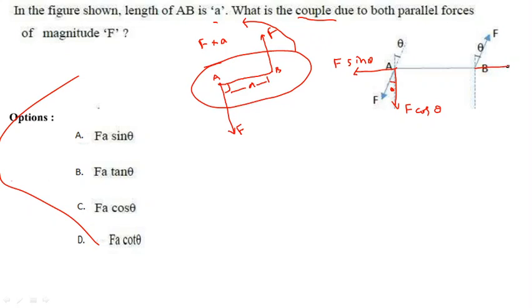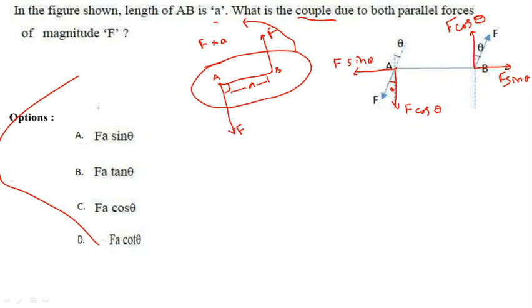Similarly, resolve the force at point B. Here is the horizontal component of the force at point B, and this is the vertical component. Again this F is also making angle theta with the vertical axis, so the vertical component will become F cos theta and the horizontal component will become F sin theta.